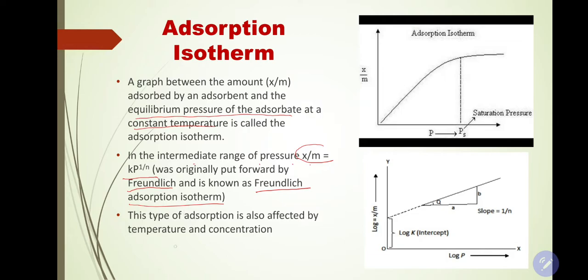Okay, so what this adsorption isotherm basically explains is the relationship between the amount of substance adsorbed and the equilibrium gas pressure at constant temperature. This is the mass of gas adsorbed per unit area.